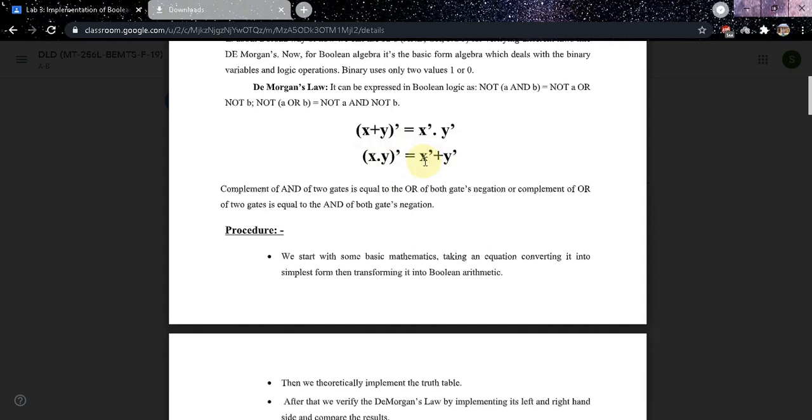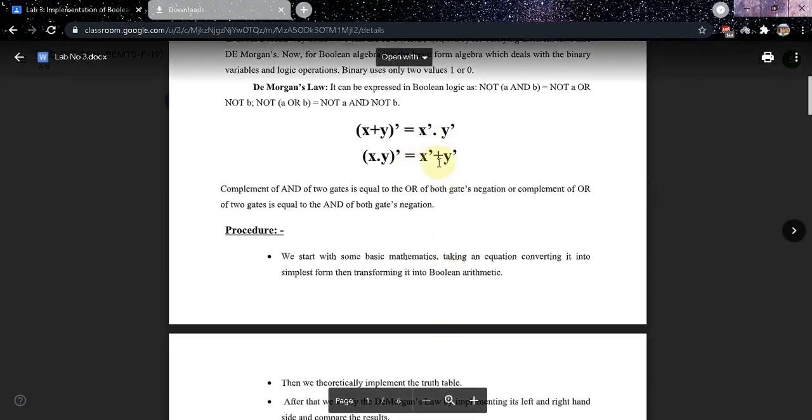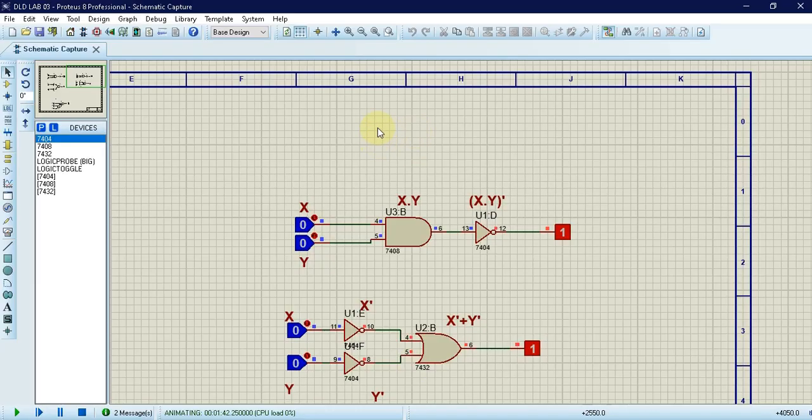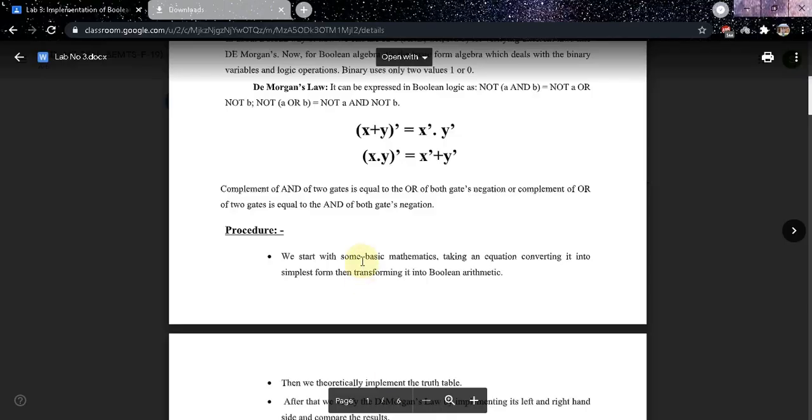And on the right hand side there are two inputs, and both of these are inverted and then joined at an OR gate. So let's begin the simulation. First we shall look at the truth table.